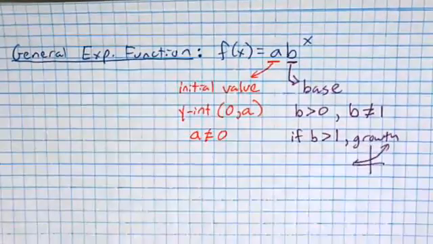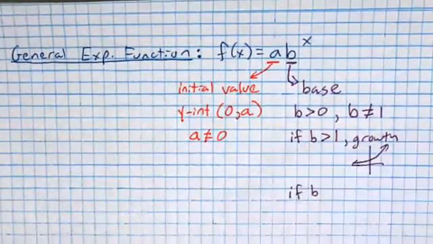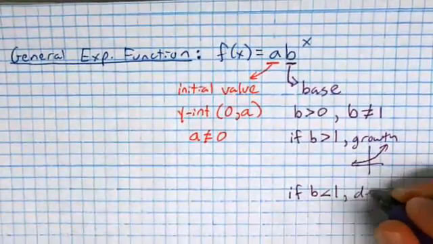You're going to see a graph that's going to look something like that. If b is less than 1 but still greater than 0, we call that decay.